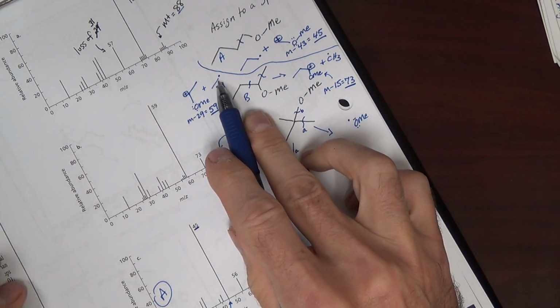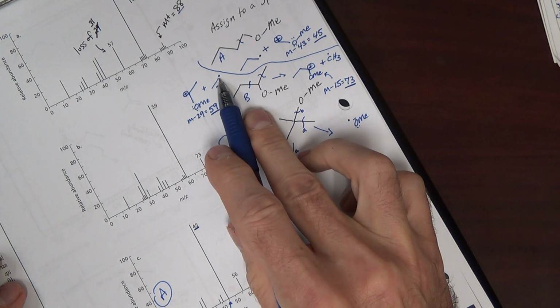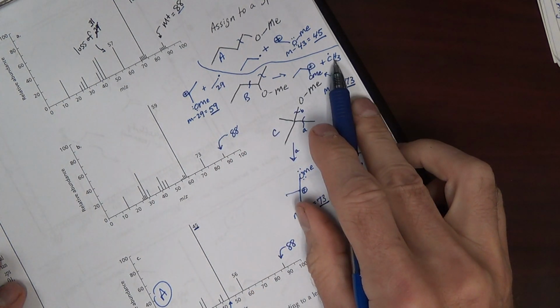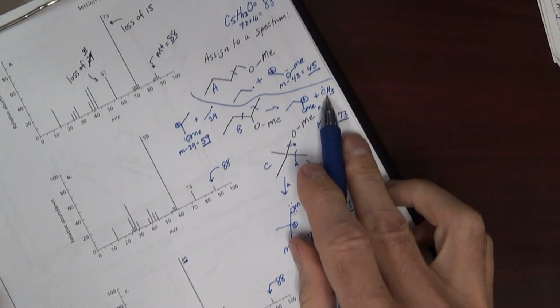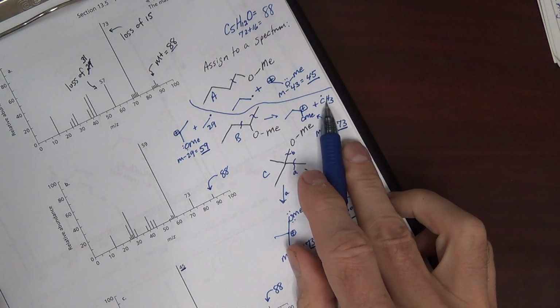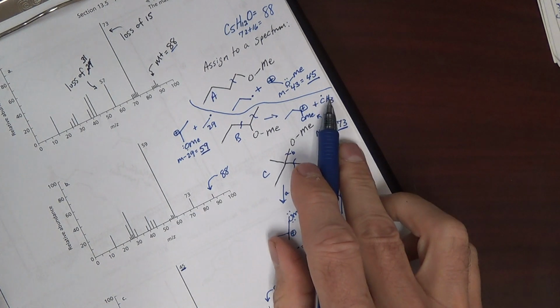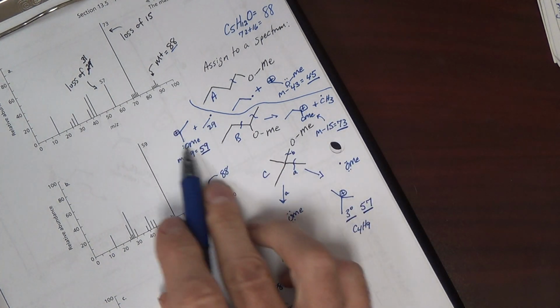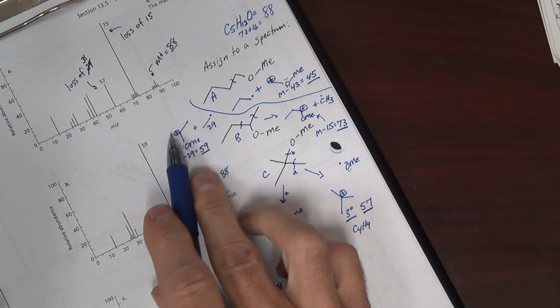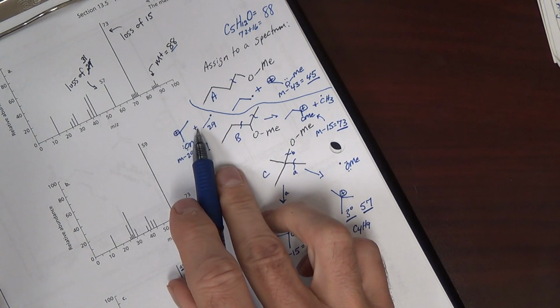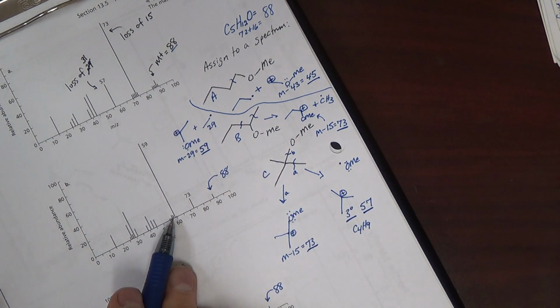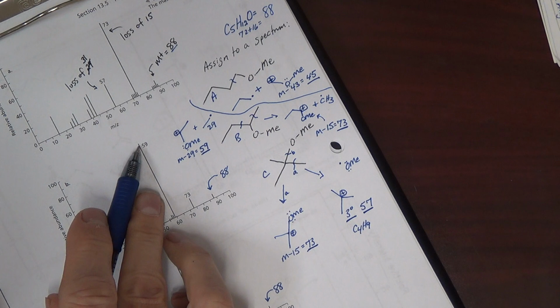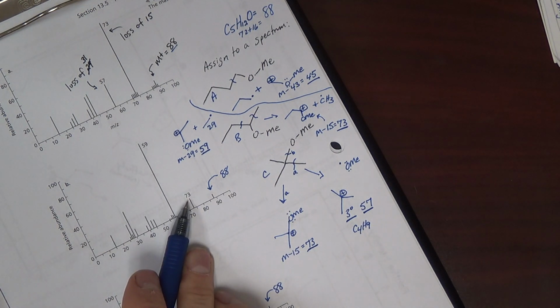But in this case, we had a primary radical, where over here we just had the methyl radical, which is not even primary because it's not even bonded to one carbon. The primary radical is more stable than the methyl radical. So this route would seem to be more favorable, and indeed it looks like it was, with the 59 being more intense than the 73.